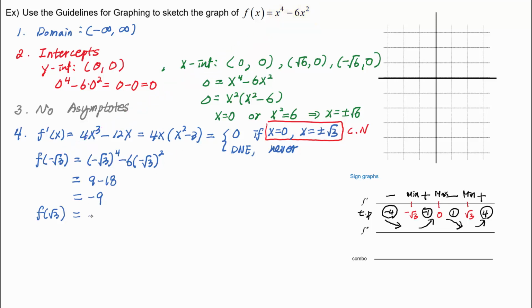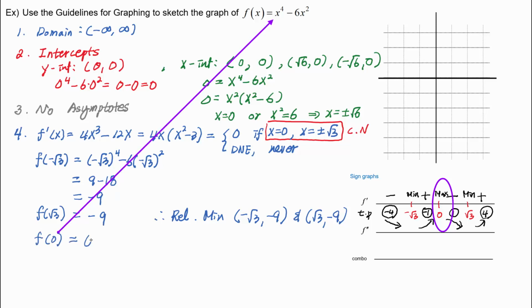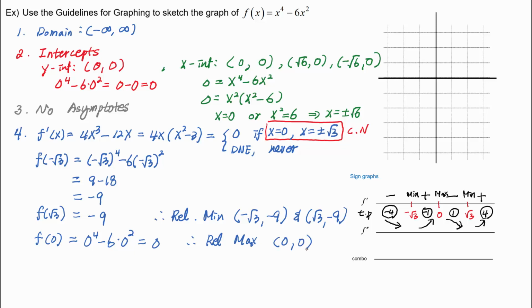So this is also going to be negative 9. So my relative mins are (negative radical 3, negative 9) and (radical 3, negative 9). And my relative max is f of 0. f of 0 is 0 to the 4th minus 6 times 0 to the second, which is 0. So my relative maximum is (0, 0).